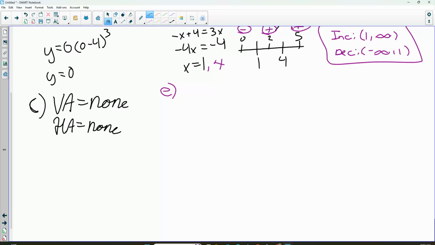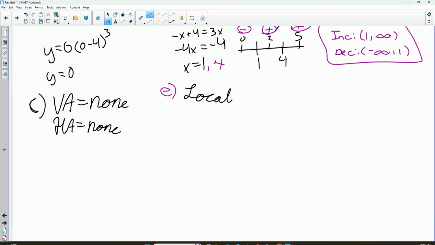So, up here, 1 is going to be our local min, and we're not going to have a local max, or it just keeps going up. So our local min, do I have to show the things? No. Okay. So how do we get the y value for the local min?